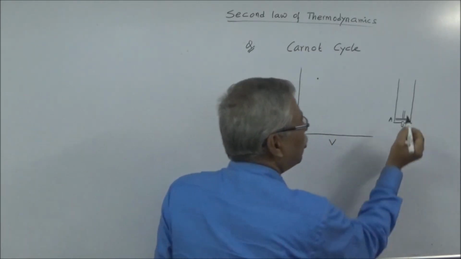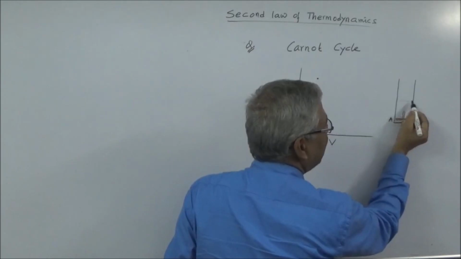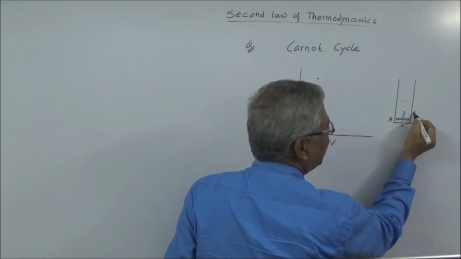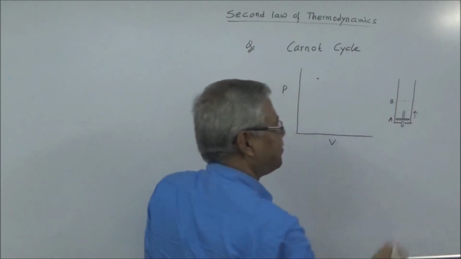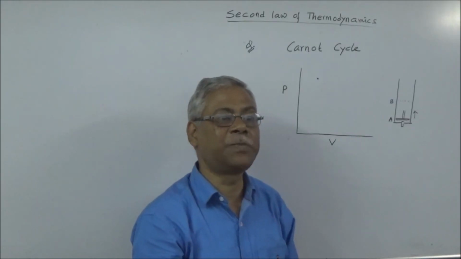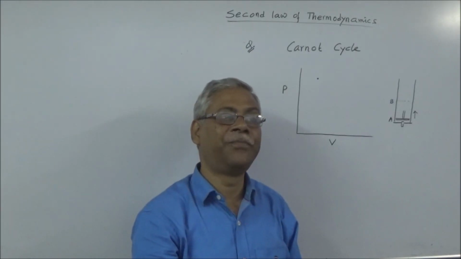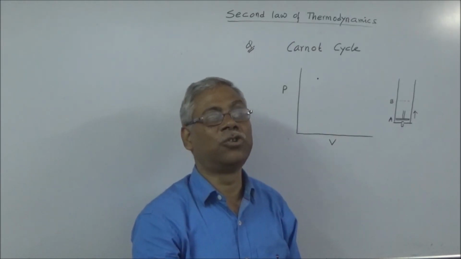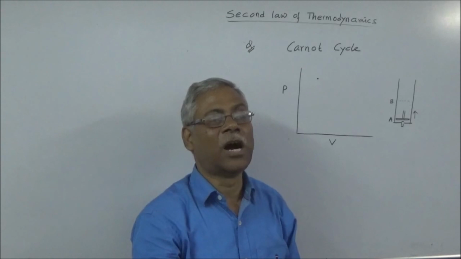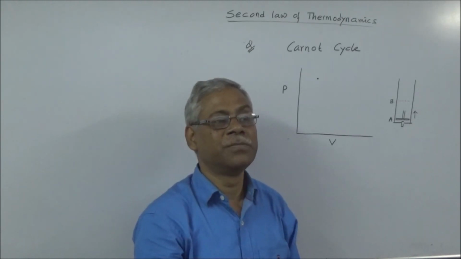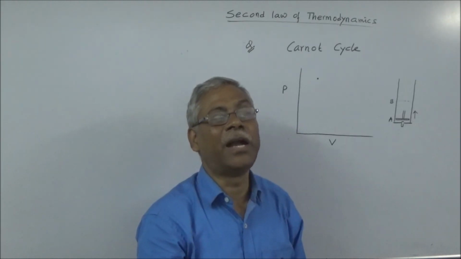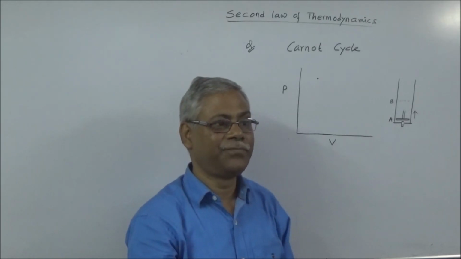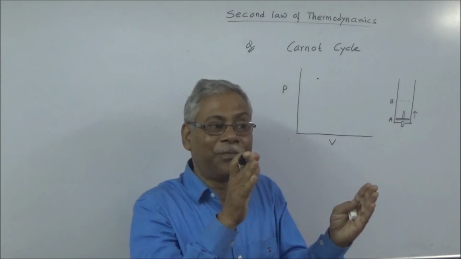Okay, so A to B, the piston is going outward. A to B, this much expansion should be done isothermally. Okay, isothermal process. How will you realize an isothermal process? Slow.